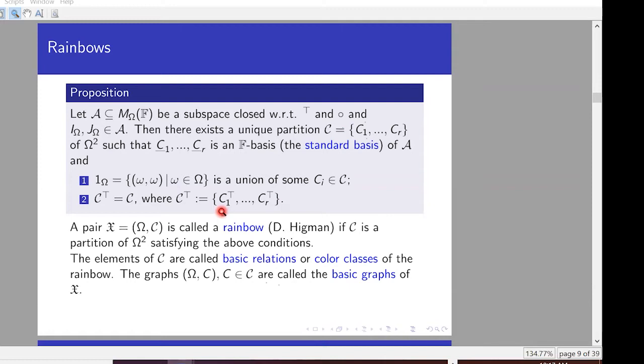It could be blue, for example. But they should be of the same color. If one is blue, then the second is blue too. So this is called a rainbow. These relations are called basic relations or basic colors, color classes. For each of them, you can build a graph, which is called the colored graph.